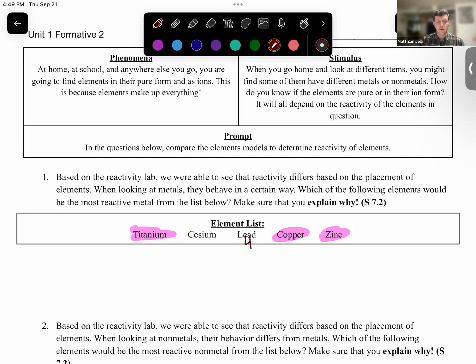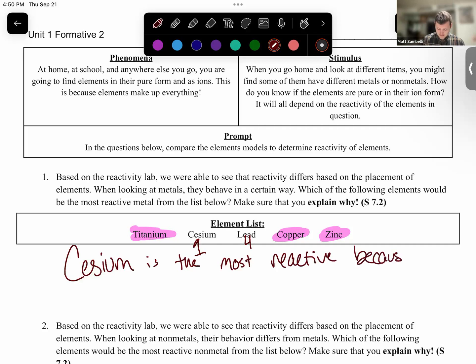And cesium, if we find it, it's in column 1 on the periodic table. So it has 1 valence electron. So if we look just based on reactivity of valence electrons, we know that cesium is the most reactive because it only has 1 valence electron.